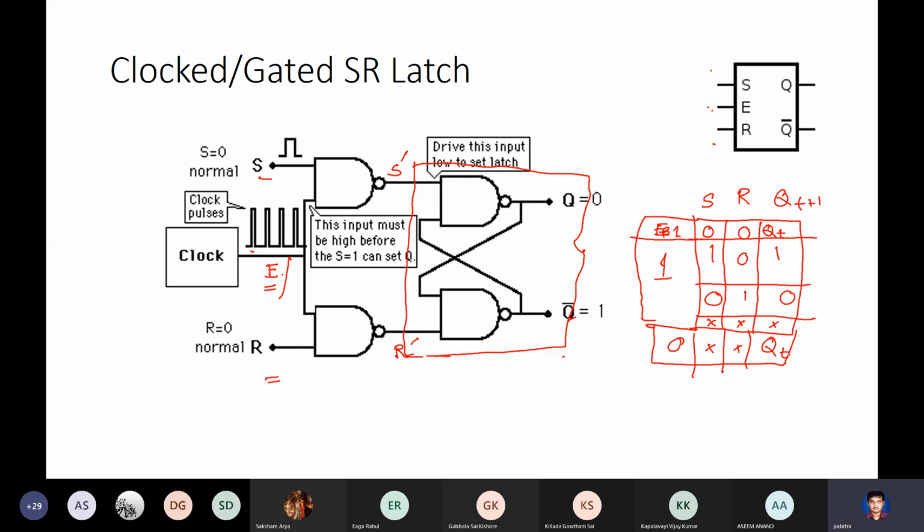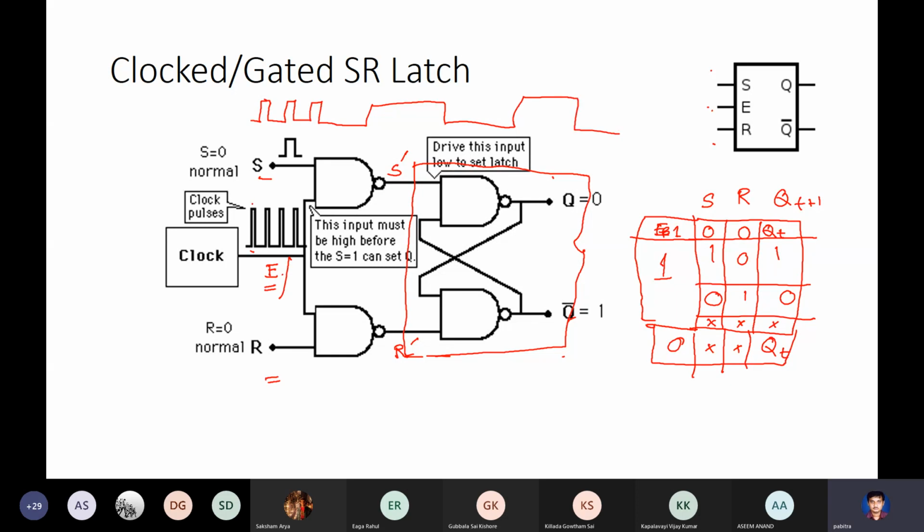Now, what is the advantage of this? Now you see your S and R can change at their own will, depending on what type of external inputs you get. They can be something like this.